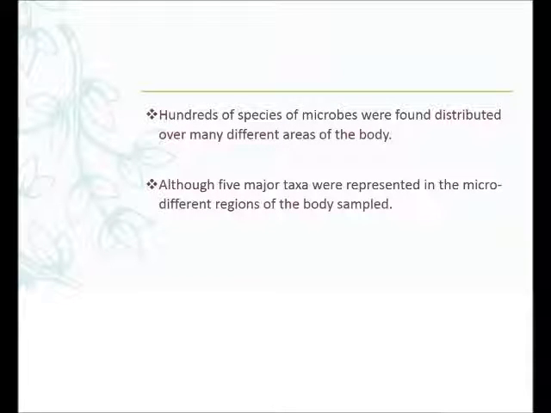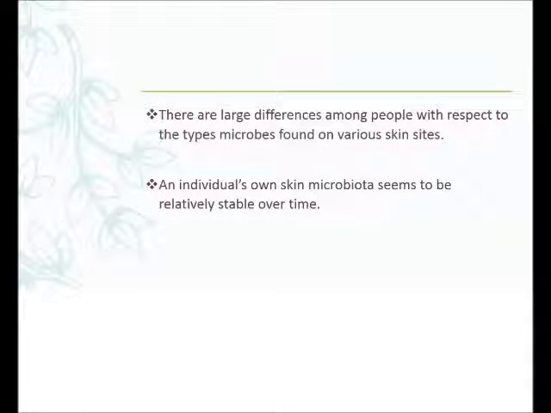Species of microbes were found distributed over many different areas of the body, although 5 major taxa were represented in the different regions of the body sampled. There are large differences among people with respect to the types of microbes found on various skin sites. An individual's own skin microbiota seems to be relatively stable over time.